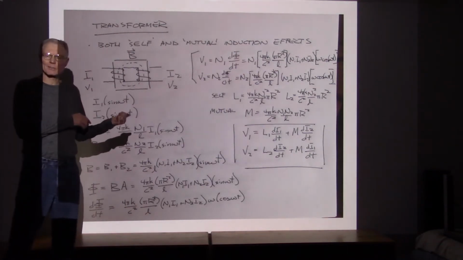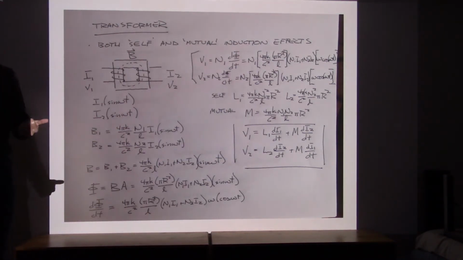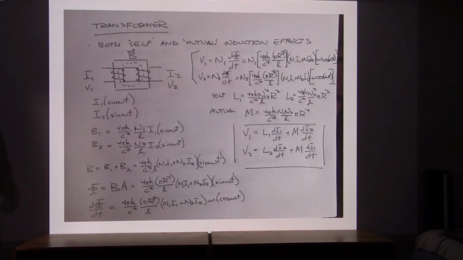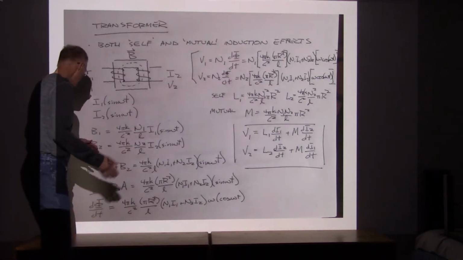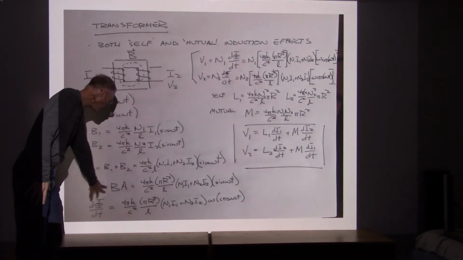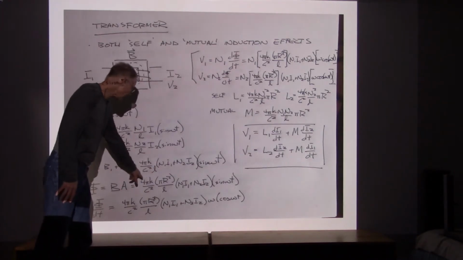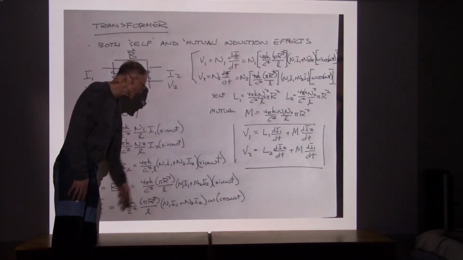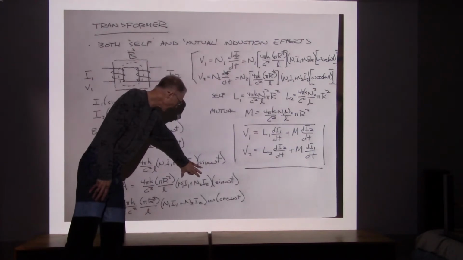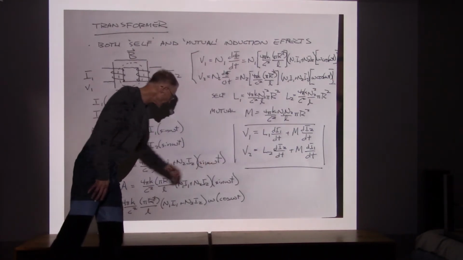We're going to make it look as much like our circular solenoids as possible, so that we can see those formulas. So this is the flux. Now it's got the 4 pi k over c squared, pi r squared over L, and then I have the N1 I1 plus N2 I2 sine omega t.